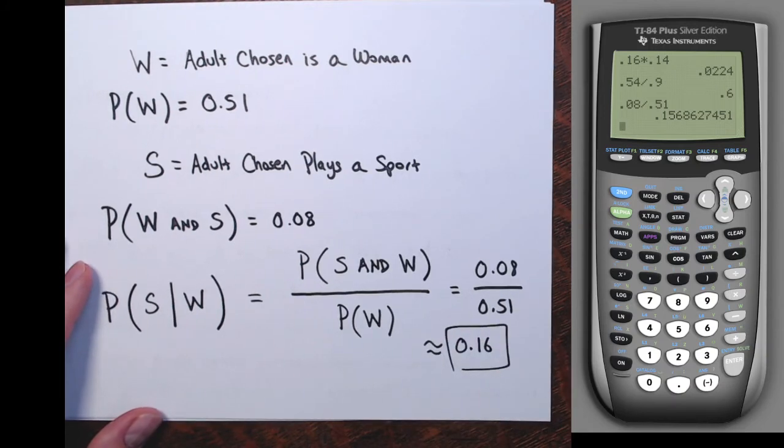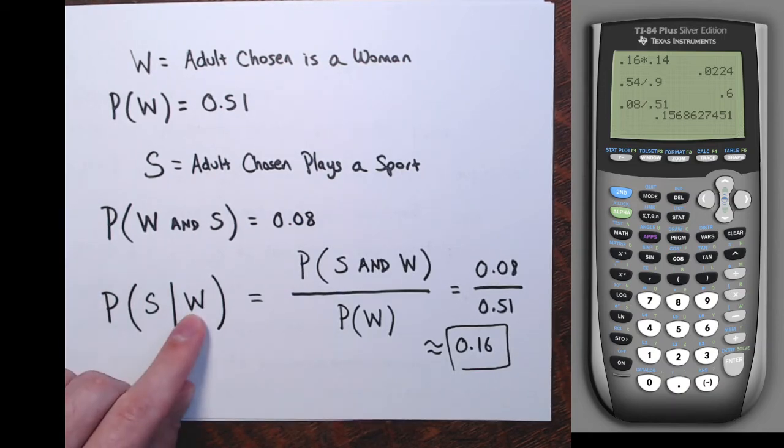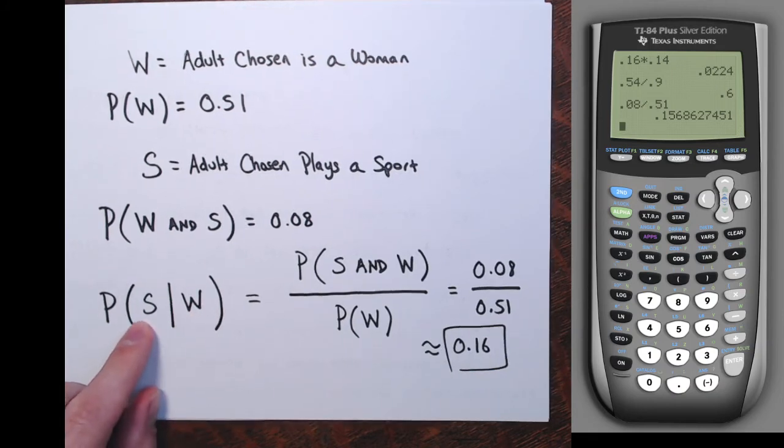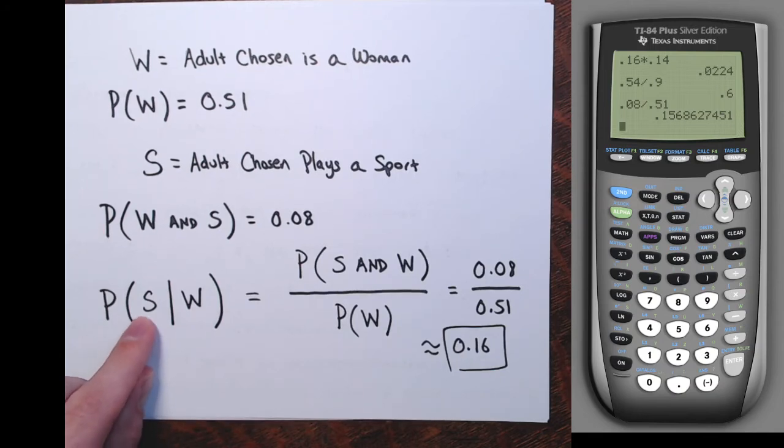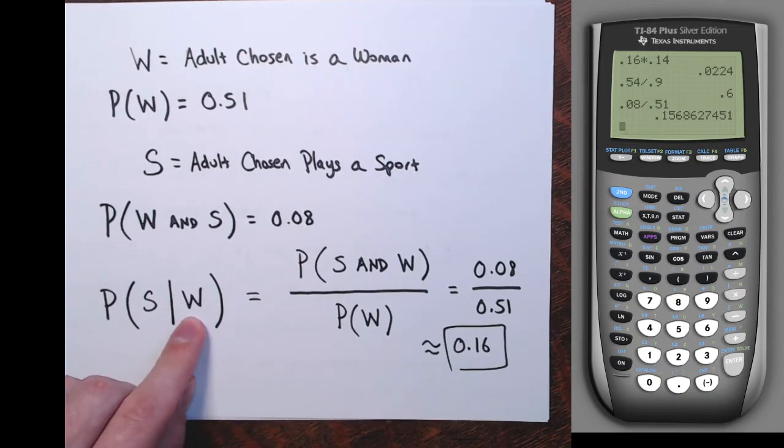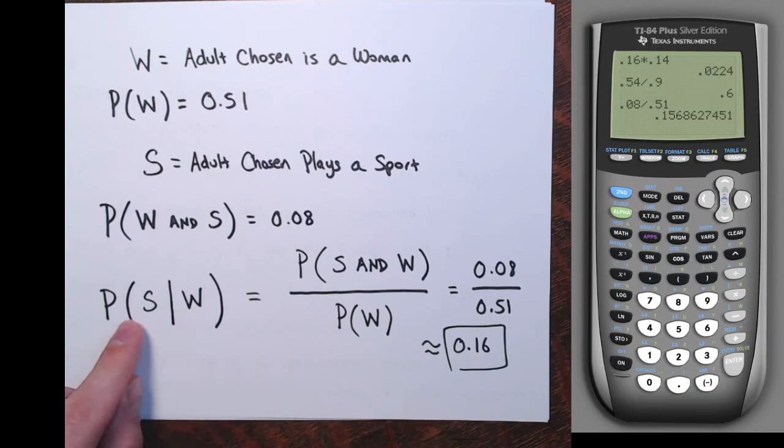So approximately a 16% chance that if I select a woman at random, the probability that they play a sport. This is the probability that a person plays a sport given that they are a woman. Basically this is saying what's the probability that a woman also plays a sport, because I'm selecting from the group of women.